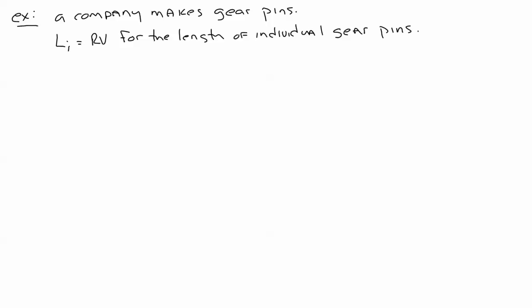All right. This is a special case. We're going to assume that the PDFs are unknown. We're going to assume that the PDFs describing the length of individual gear pins are unknown. We don't have any idea, and we really don't care for this particular example.